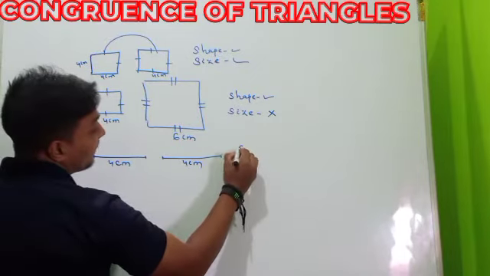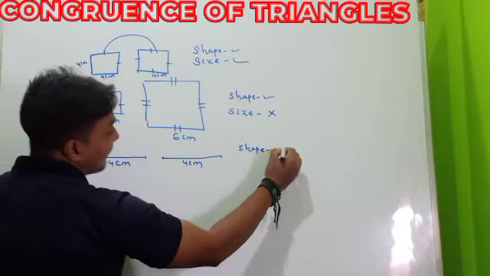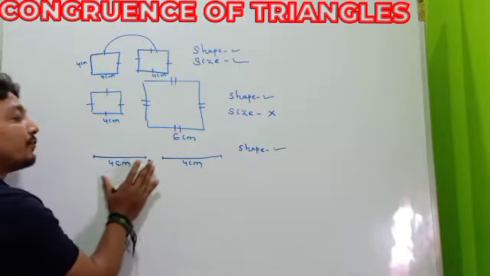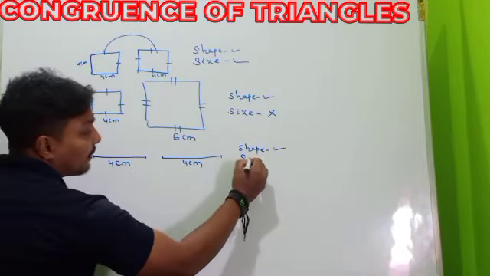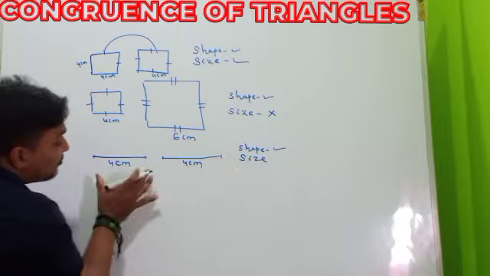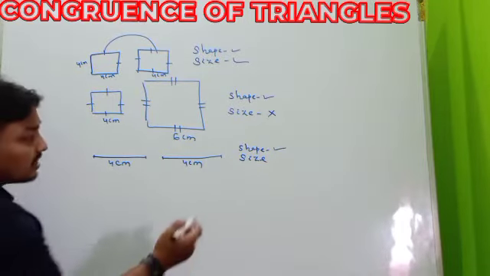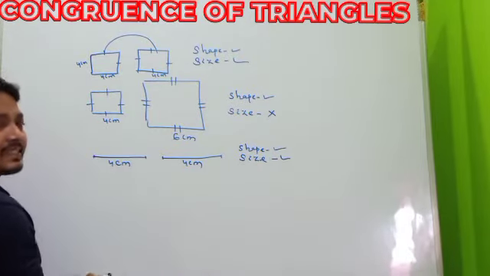So the name of the shape of both figures is line segment, it means the shape is the same for both cases. Then after that we will talk about their size. Size means the size of this one and its size, both are the same. So we can also say that both of them have the same size.